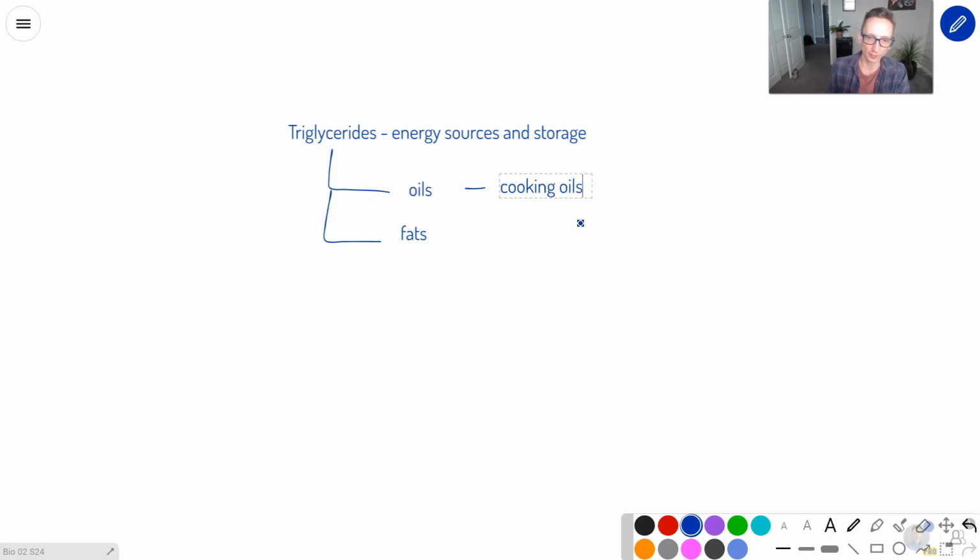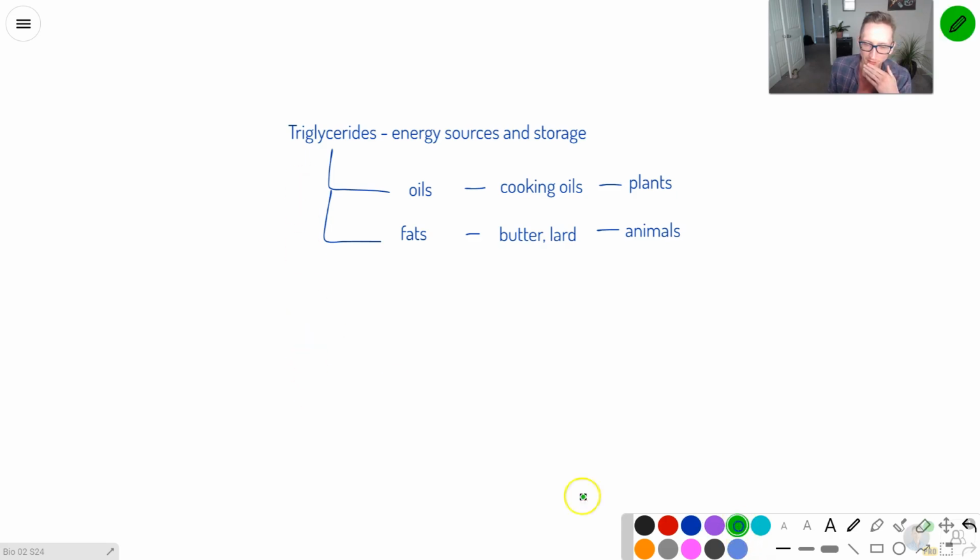And fats would be like butter or lard, for example. These are from animals, and these are from plants. Okay, so those are triglycerides.